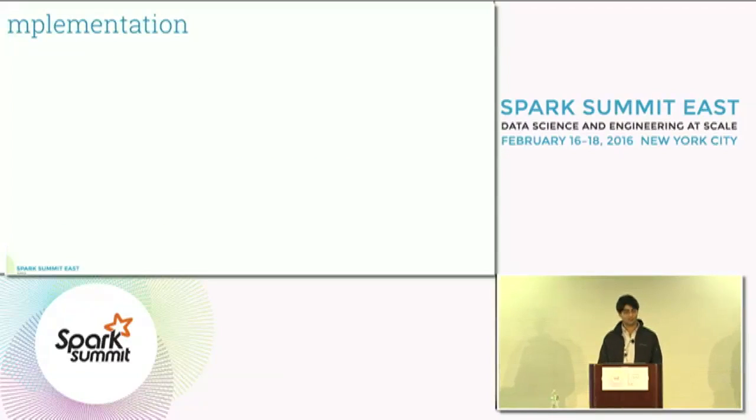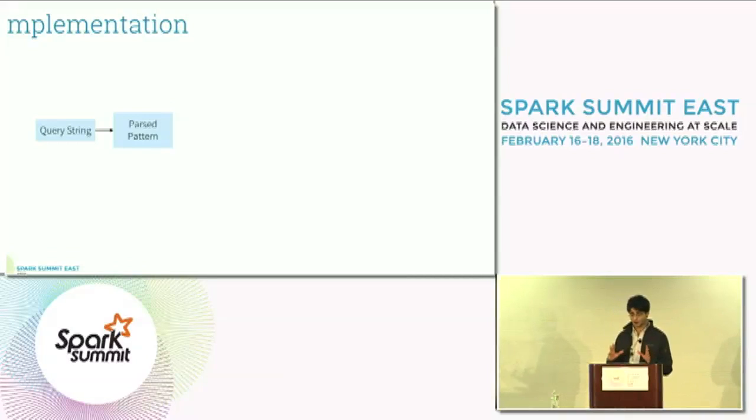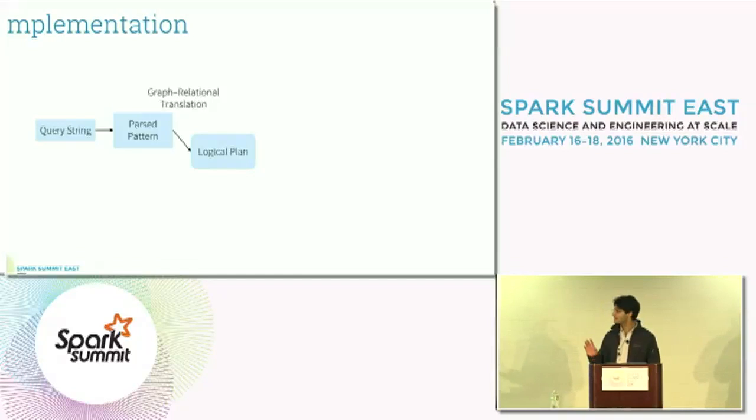Okay, so here's an overview of how this works, Spark SQL style. Given a graph query string, first of all, GraphFrames parses it. We happen to use a Scala parser combinators library, which is pretty cool. It's very concise. And then it translates this graph query into a relational plan, which is a sequence of joins and other relational operators, so that we can ultimately run it on Spark.